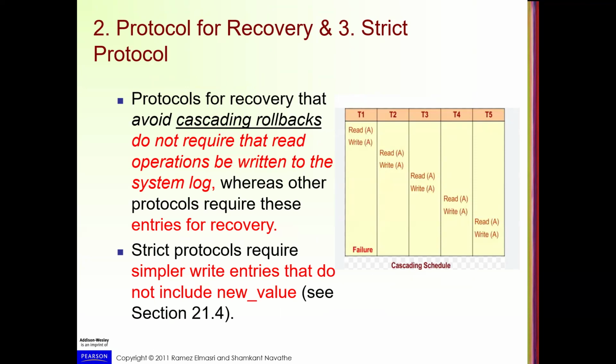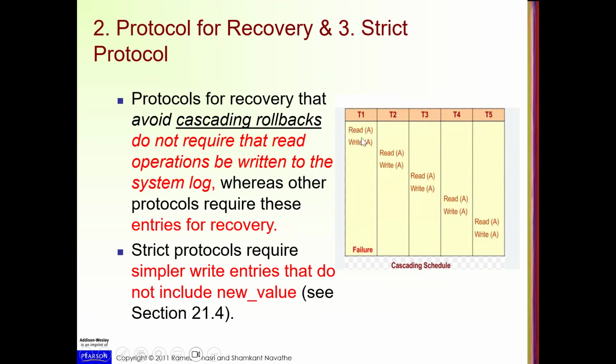Now, talking about the protocol for recovery. The protocol for recovery is nothing but the way we recover from an unsuccessfully terminated transaction. A very common approach is by cascading the rollbacks. Now, let us look into this figure. We have transaction T1, then T2, T3, T4, and T5.